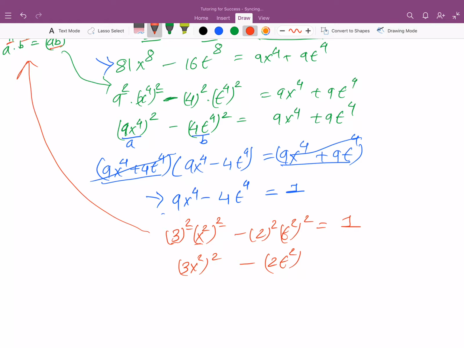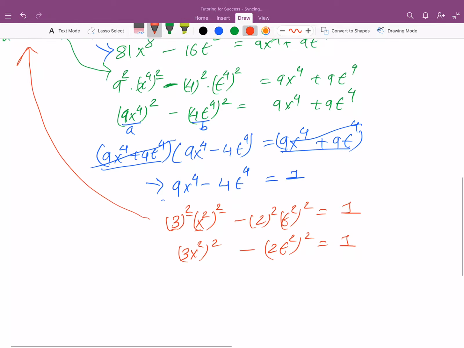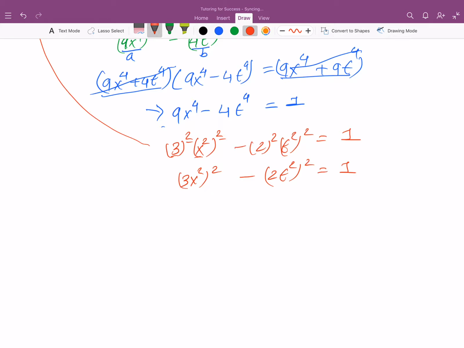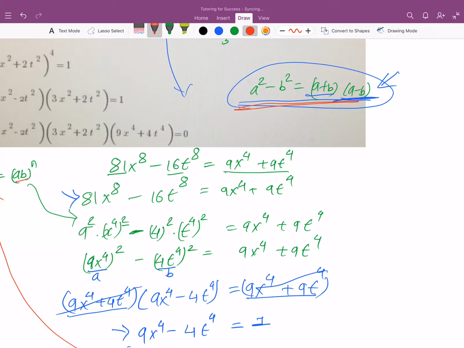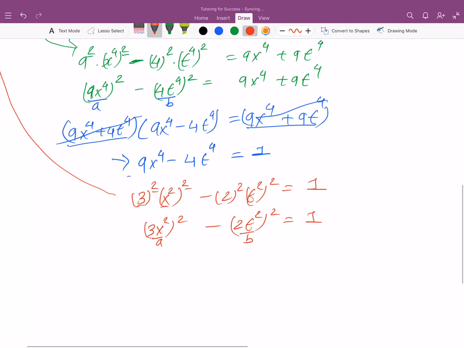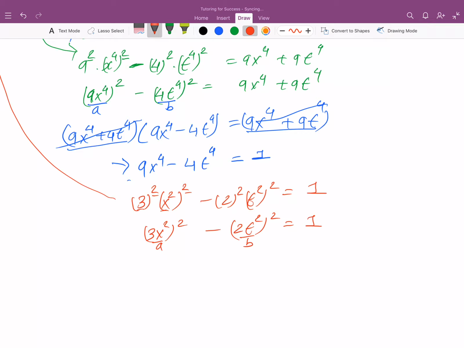2t squared, put them together and just write 1. So in this case, this is my a, this is my b. One more time, using this formula concept right here, once you have the expansion of a squared minus b squared, expanded as a plus b, a minus b. You know what? It is always easier if you just write it every time.